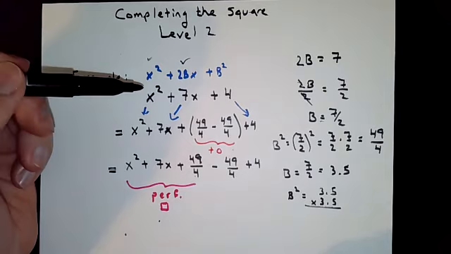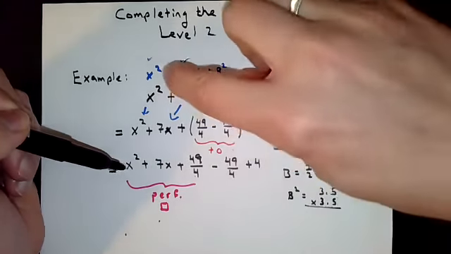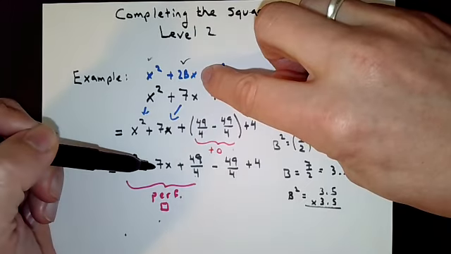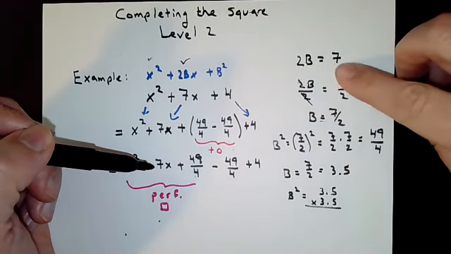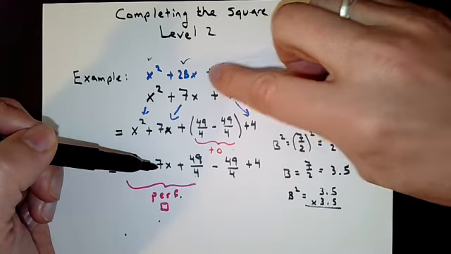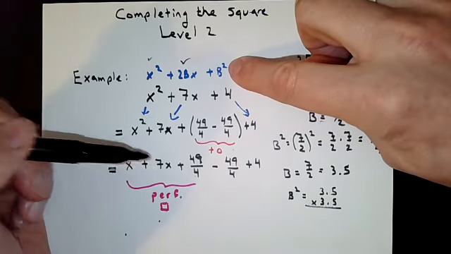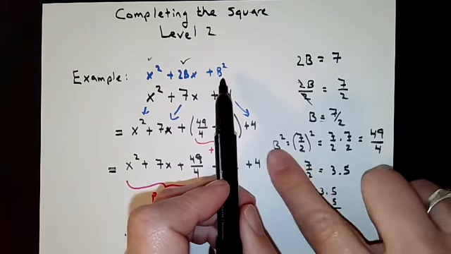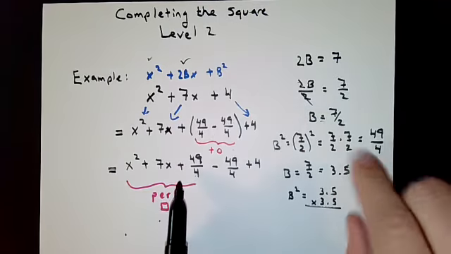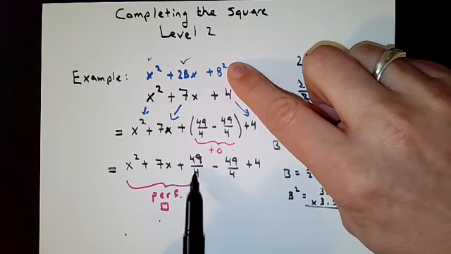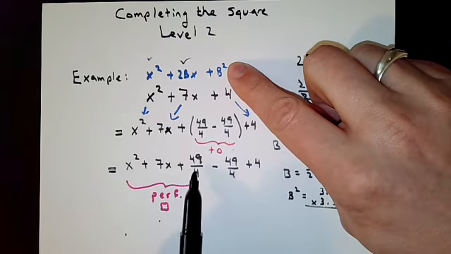So comparing it to the pattern, 1x squared and 1x squared. 2b times x, and since 7 is equal to 2 times b, we have 2b times x. And then we need b squared, plus b squared. B squared is 49/4, and we have 49/4. So we match on the constant term. That means these first 3 terms are a perfect square.